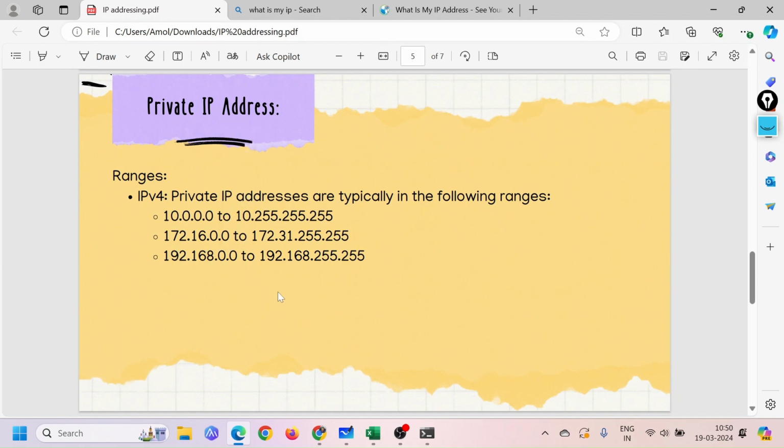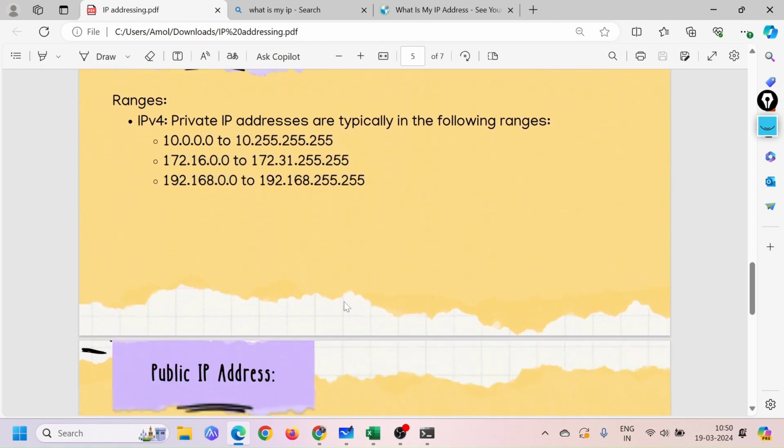Wherever you see a private IP, it should belong to one of these ranges. Or consider it in reverse: when you see any IP, you should be able to recognize which one is private and which one is public, because out of this range, all the other IPs are the public ones. These IPs are considered the private IP range.